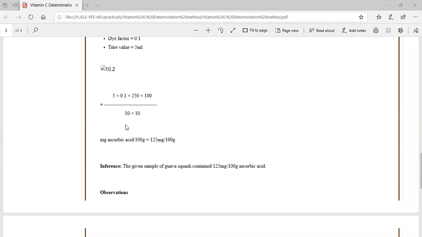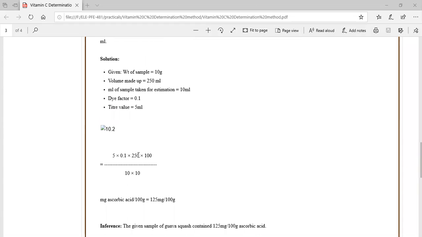We will find the ascorbic acid value using the formula: titer value into dye factor into volume made up into 100, divided by the weight of the given sample and the aliquot of the sample taken for the estimation, which is 10 ml.